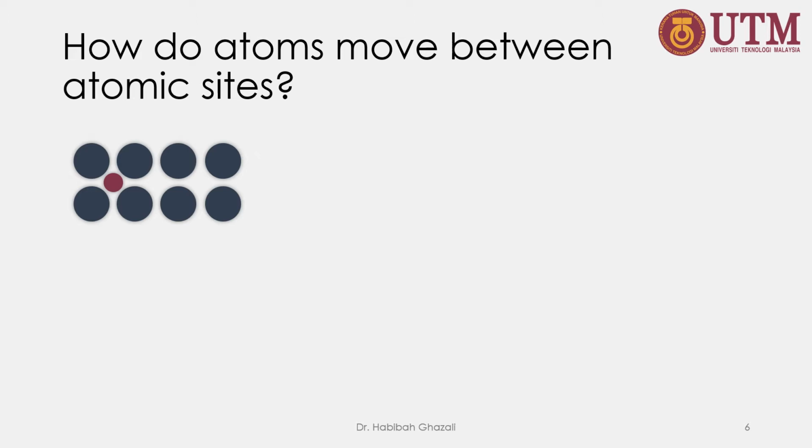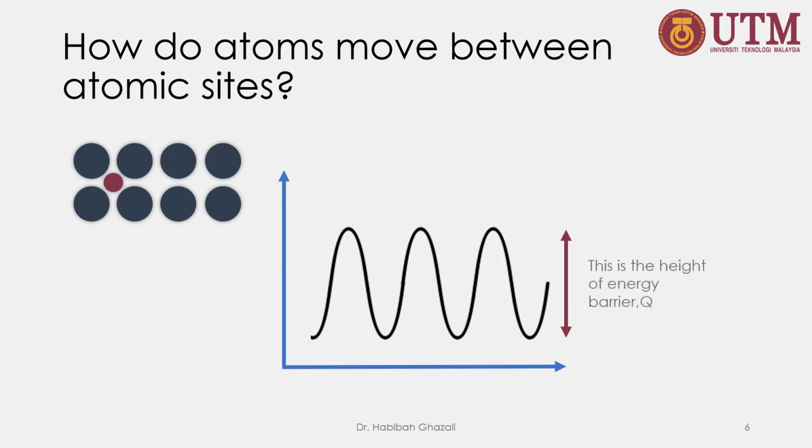So if we look at this illustration, this is the height of the energy barrier where this atom needs to push the other atoms in its way so that it can change to this position.